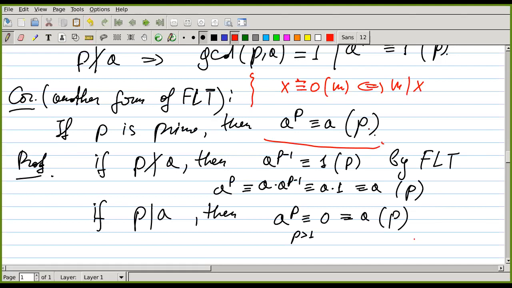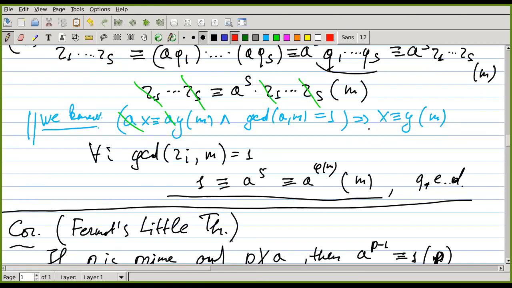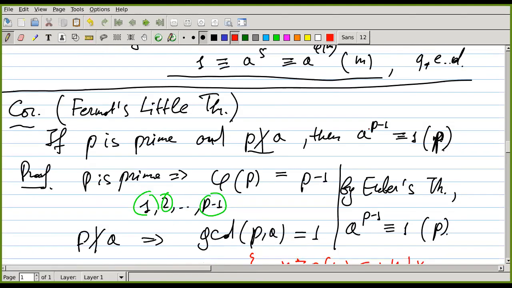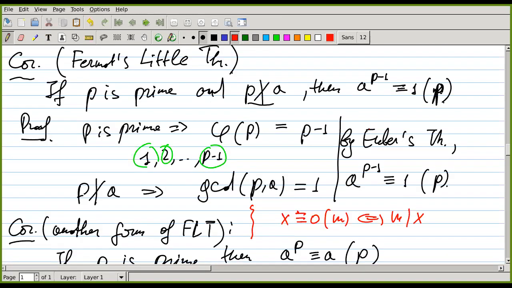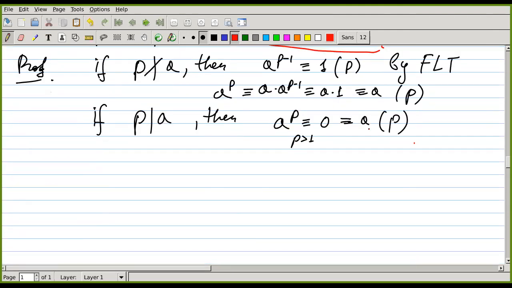And now let us see how is it possible to practically apply Euler's theorem or Fermat's little theorem for prime numbers in practical computations. First of all, I will derive another corollary which says the following.